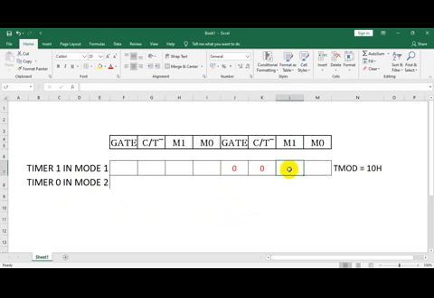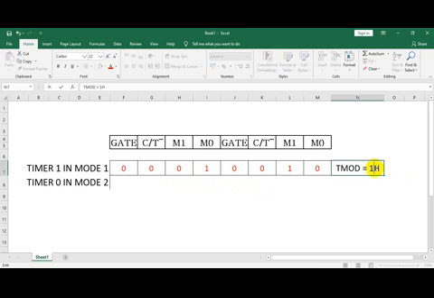For mode 2 it will be 1, 0. And since we are operating timer 1 in mode 1, the value will be 0, 1. So what is the hex value? It will be equal to 12H.